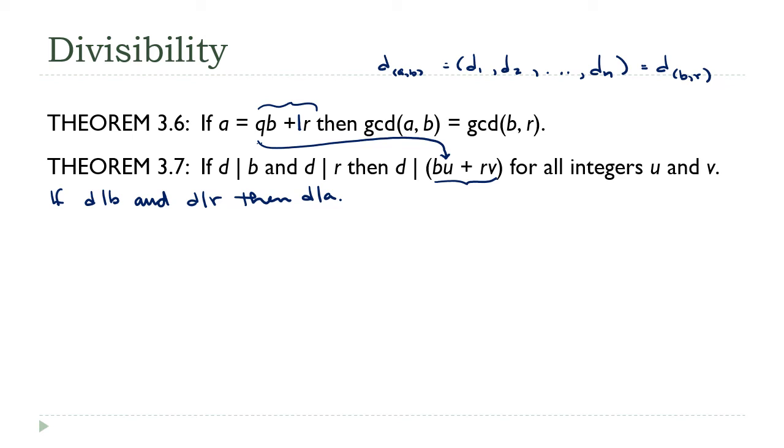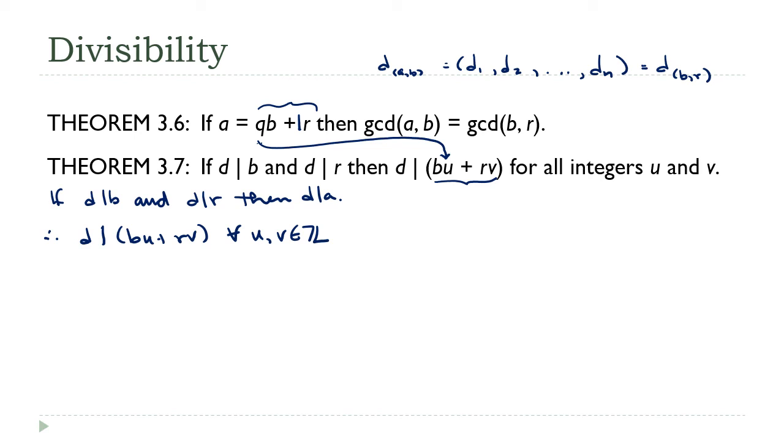So I know that D divides B and D divides R. My theorem says that means that, therefore, D divides BU plus RV for all integers U and V. Right, well, if it works for all integers, this is our universal instantiation again that I'm going to use here, thinking way back to our discussion of logic.